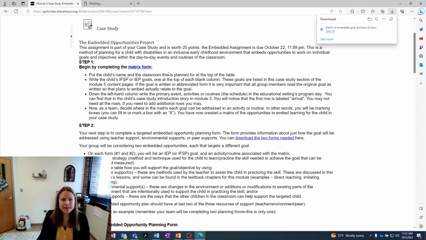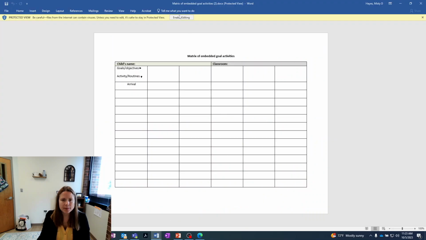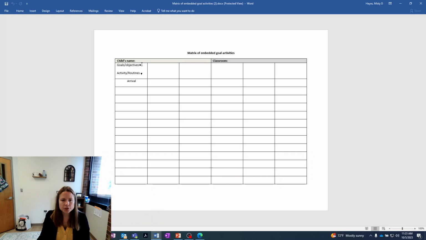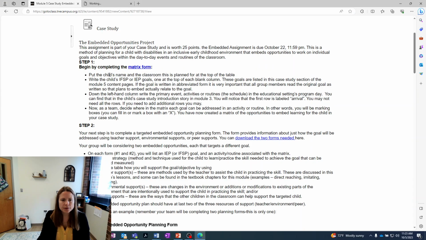In this form, you are going to put the child's name and the classroom that this is planned for at the top of the form. And you can enable editing so you can type. So the child's name and the classroom. The next thing you're going to do is write the child's IFSP. Now remember, IFSP is the Family Support Plan.